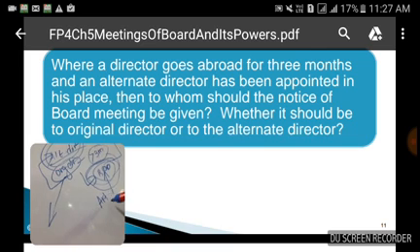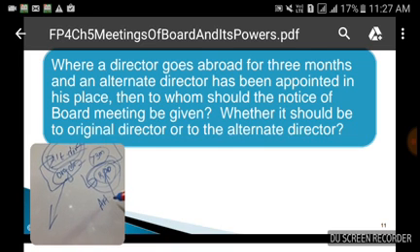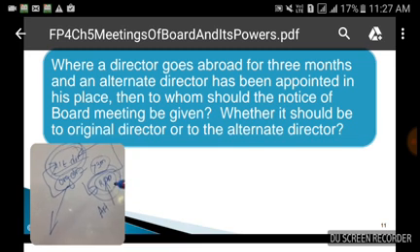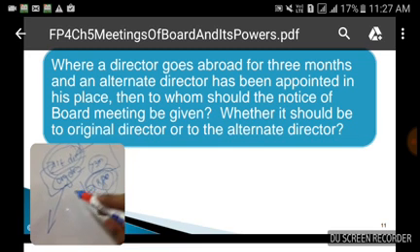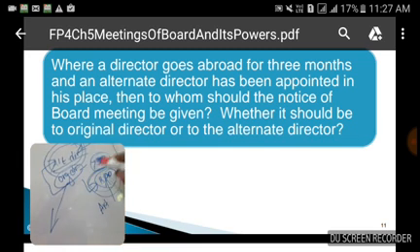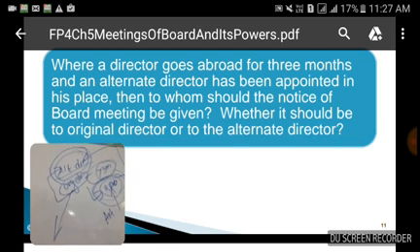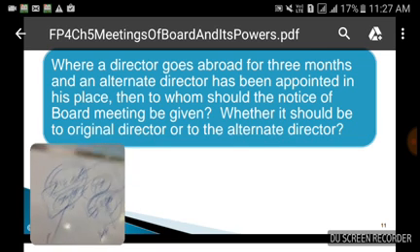That is, it should be in the articles that the board of directors has the power to appoint an alternate director when the original director goes abroad for more than 3 months. This is about the alternate director.